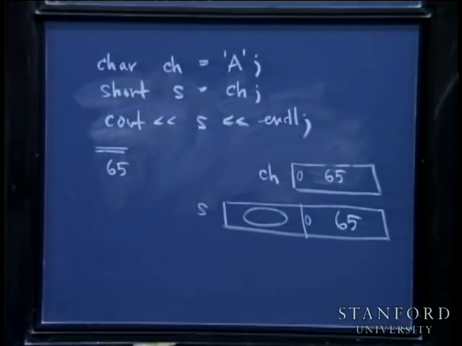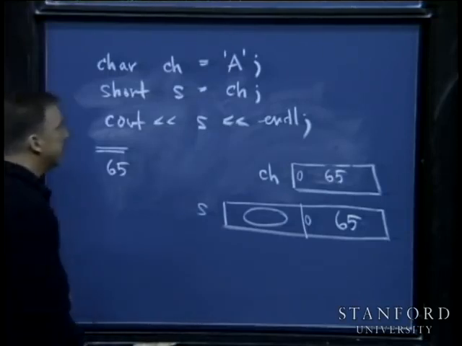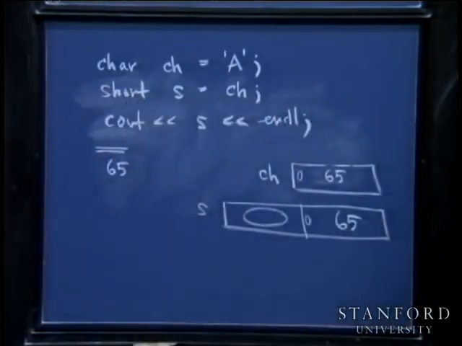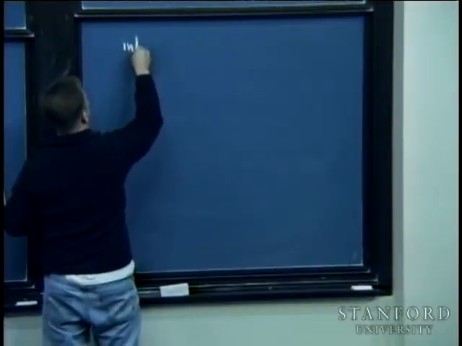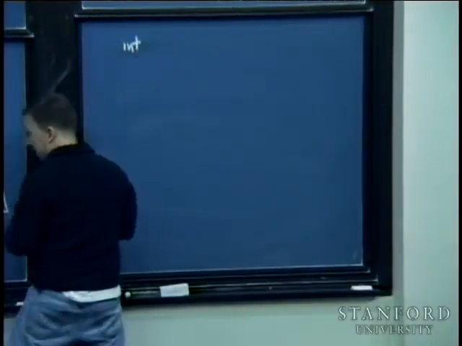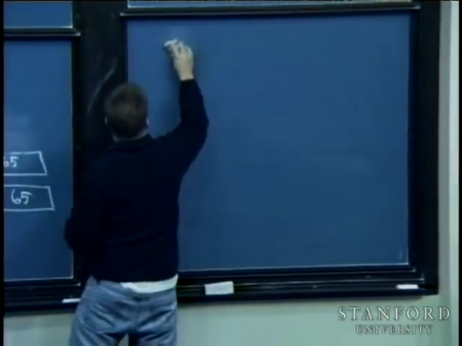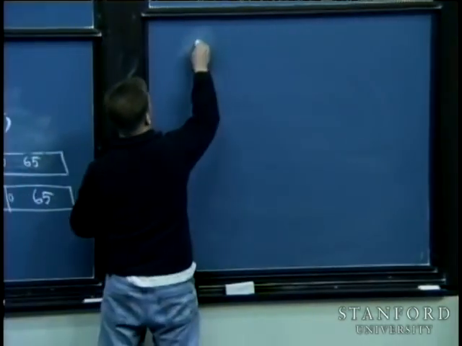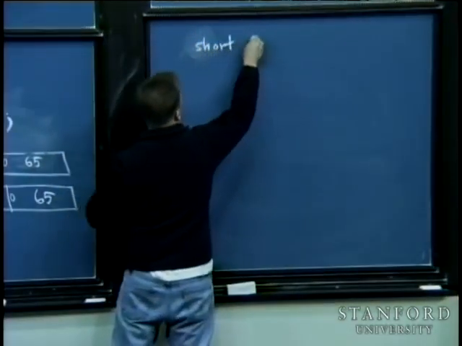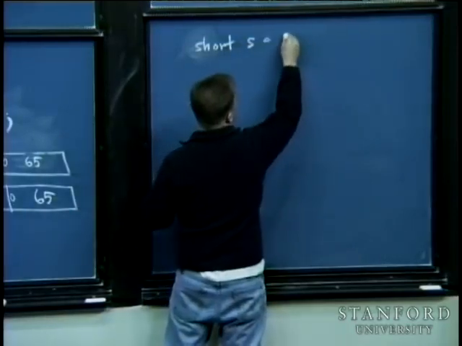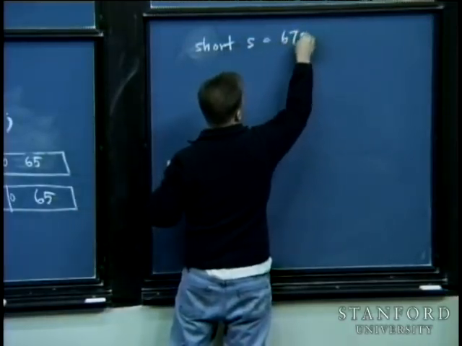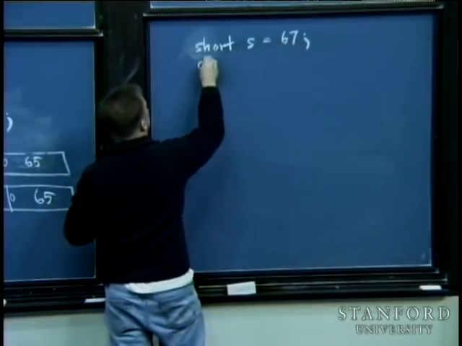What happens if I do the opposite direction? I do this. Int, I'm sorry, we're not at ints yet. Short, completely new program. s is equal to, I'll say 67, and I do this.